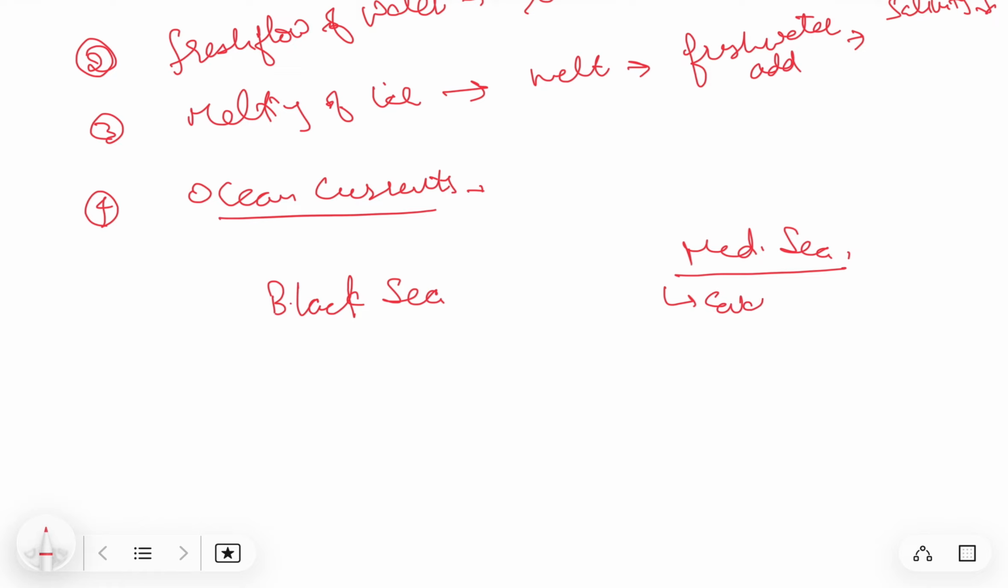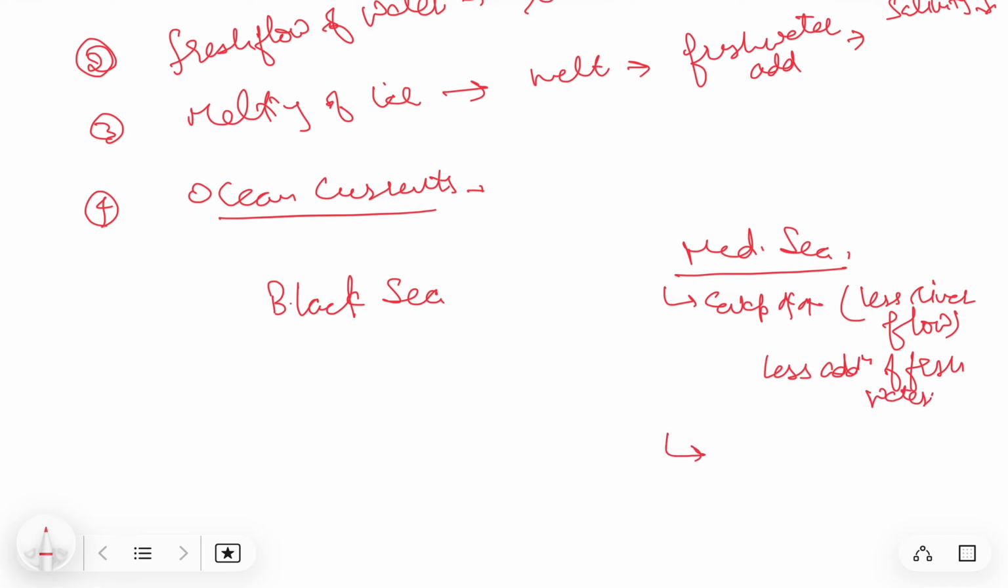In the case of the Mediterranean Sea, evaporation is more and fewer rivers flow into it. So there is less addition of fresh water. Here the salinity will be more, as no fresh water is added.